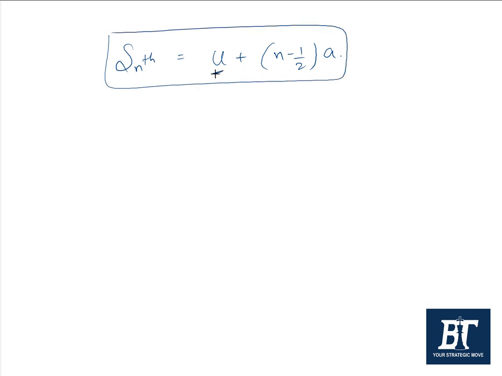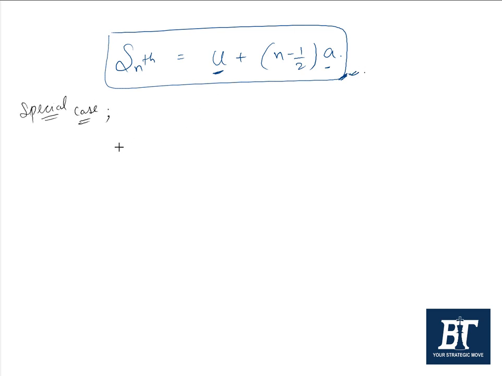So the final expression of displacement covered by a body in nth second of its motion is u plus (n minus 1 by 2) into a, where u is the initial velocity of the body and a is its acceleration. Students are advised to remember this formula.